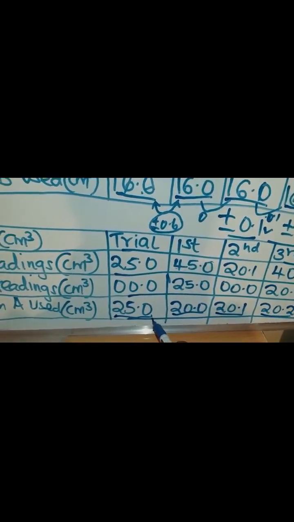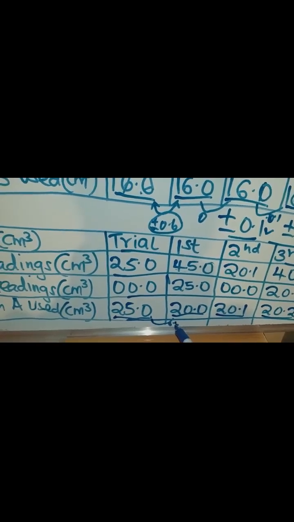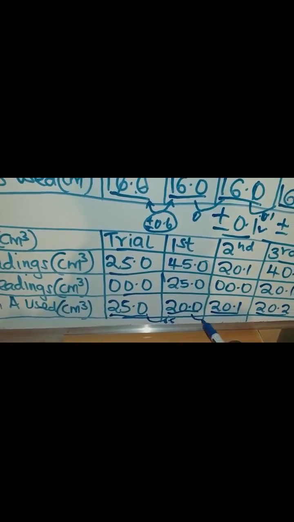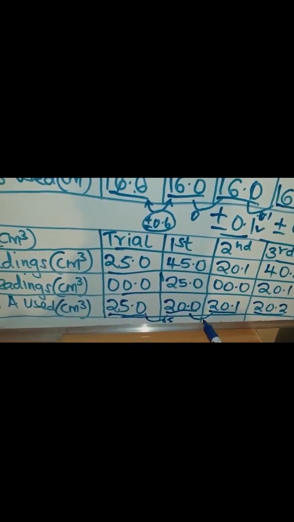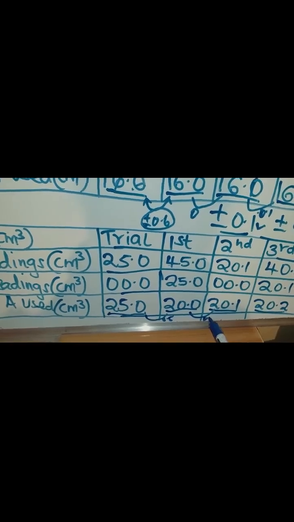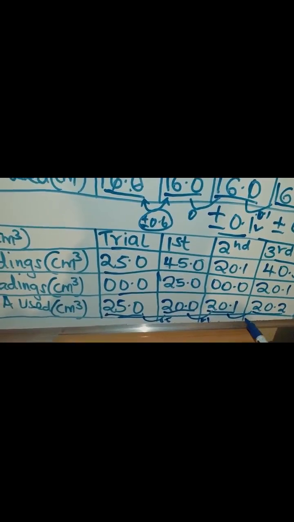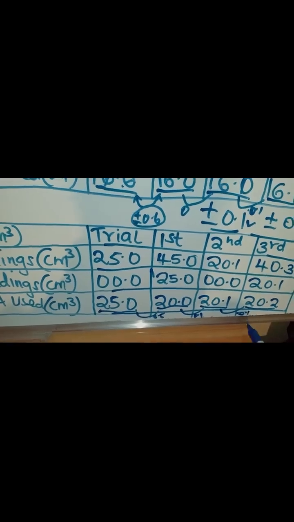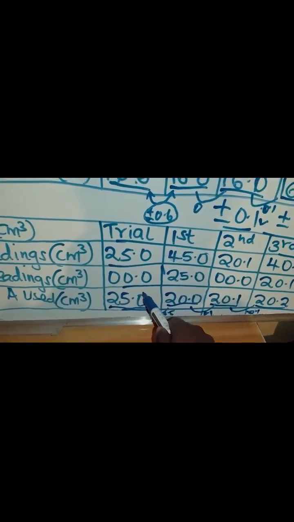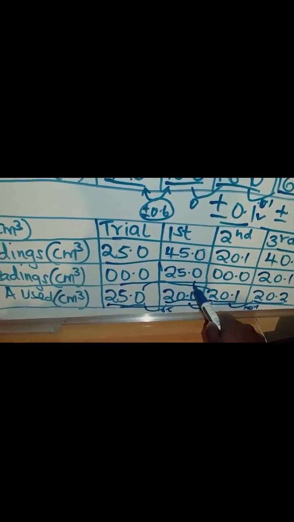From the first value to the second, the difference is 0.5. From the first to the second, the difference is 0.1. The second and the third, the difference is again 0.1. If you try the trial with the second, the difference is 0.4.